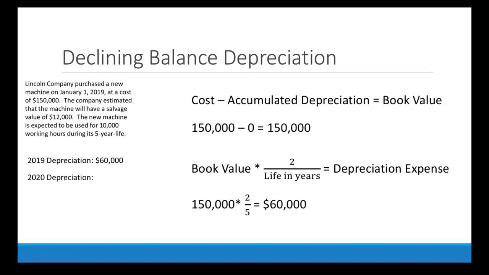Now, if we take a look at 2020, the setup is going to be the same. Our numbers are going to be slightly different. For 2020, we have some accumulated depreciation. It's depreciated $60,000 so far. So we take 150 as our cost, minus that accumulated depreciation, to find our new book value of $90,000.